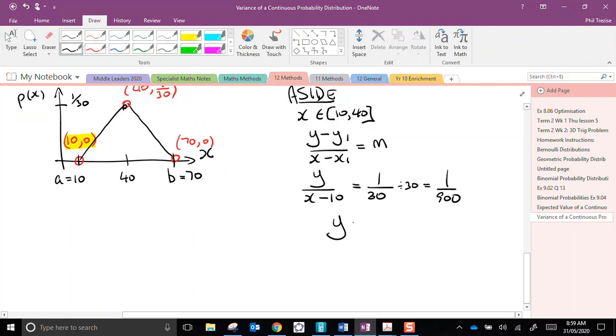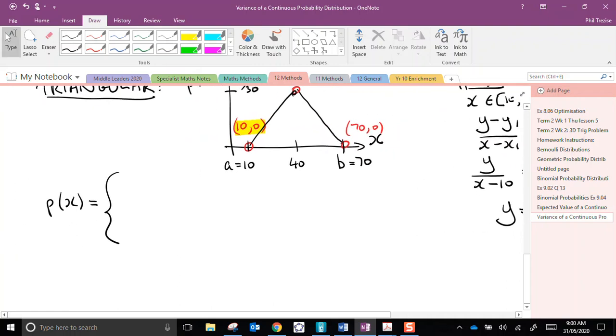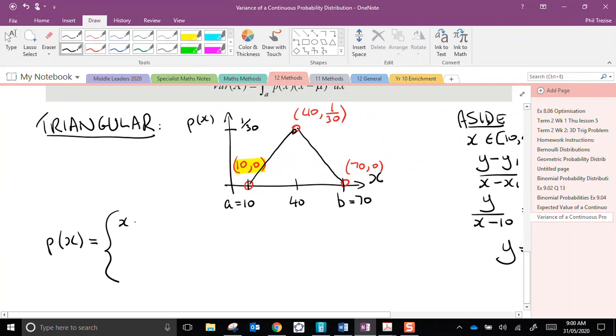So quickly I see that y is x minus 10 over 900. As I'm writing the formula over here for my probability density function, it'll be a piecewise equation. The first part of it is x minus 10 over 900, and that, as we said, is when x is between 10 and 40.